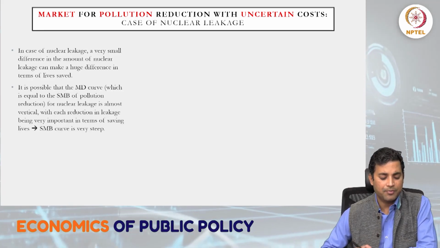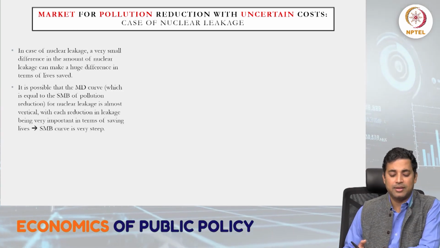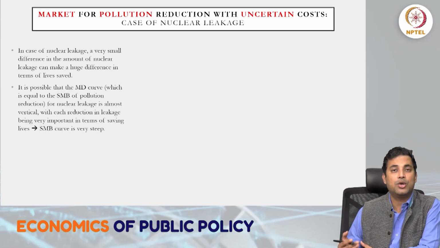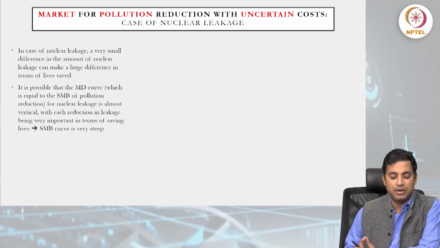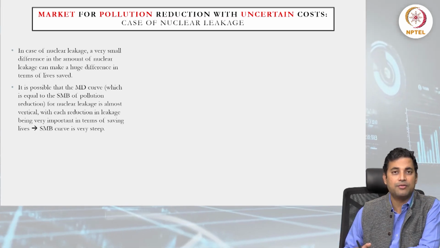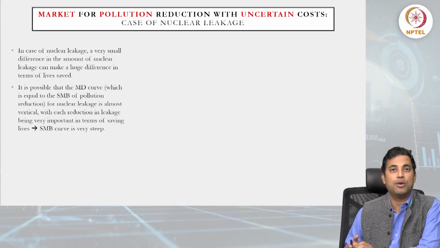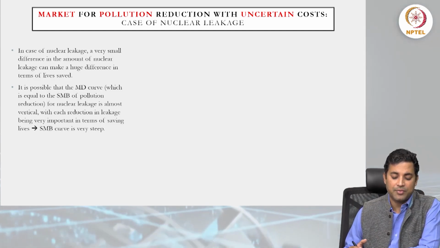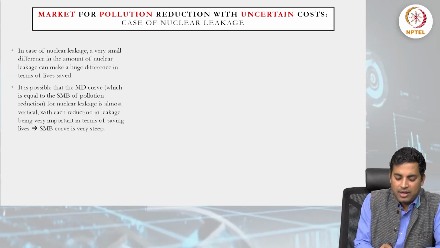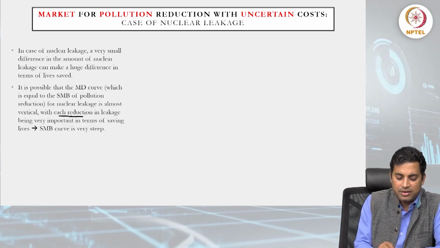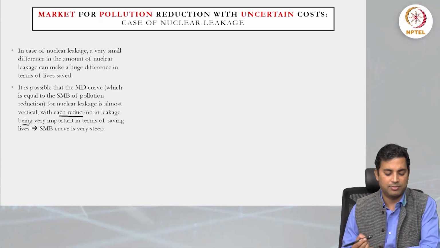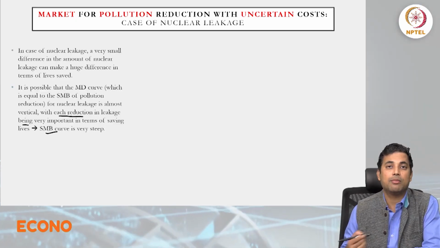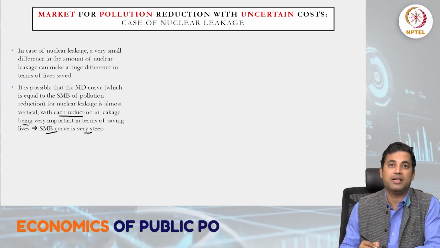So it is possible, of course, that the marginal damage curve, which is equal to the social marginal benefit of pollution reduction curve for nuclear leakage, is almost vertical, which means each unit of reduction in the leakage is very important in terms of saving lives, and therefore the social marginal benefit curve becomes very, very steep.